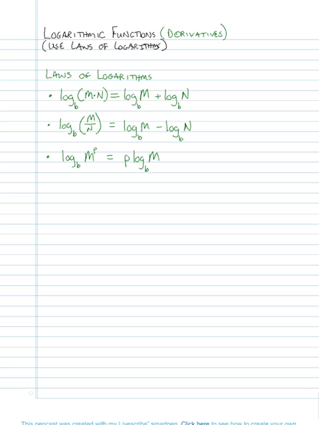Now, in a college algebra class, I make a big deal of this. Note what is not said. Note that there is no law for the logarithm of things that are being added together or subtracted.